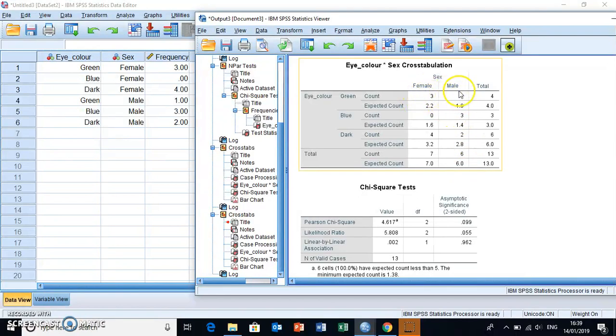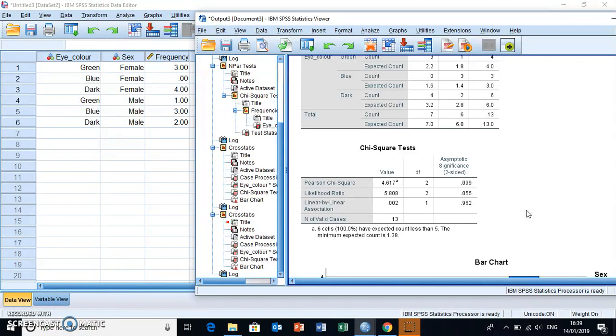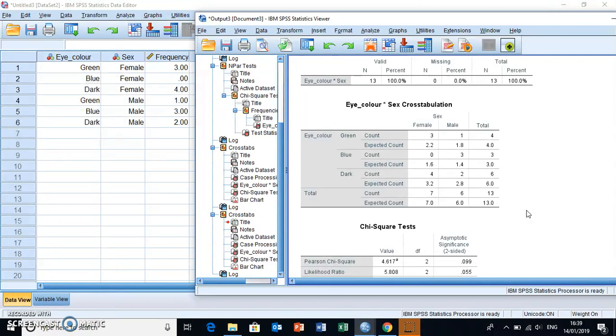Essentially, there's a very simple calculation using the totals of the rows and the columns. And if there is not enough data here, because in this case we only have 13 people, then it can be that the expected in these cells is less than 5. If that's the case, then essentially the test is not very reliable because it basically says, I haven't got enough data to base this comparison on.